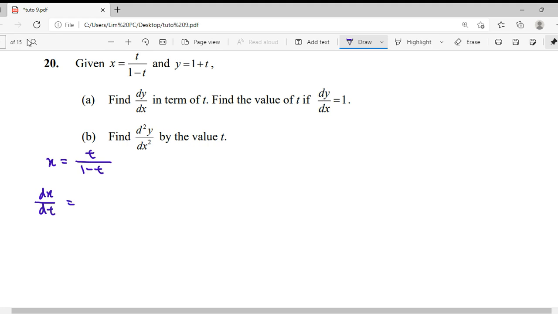for this part it is a quotient rule. Because we can see here is a function t, at the bottom also got function t. So when in fraction like this, we use quotient rule to find the differentiation. We set up our quotient rule: copy the bottom, differentiate the top, minus copy the top, differentiate the bottom, over the bottom squared.